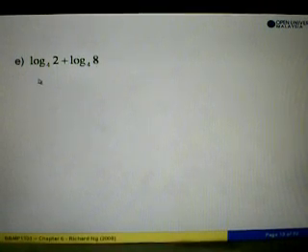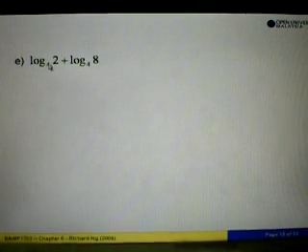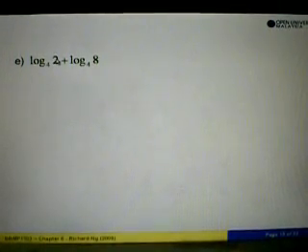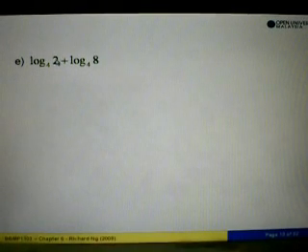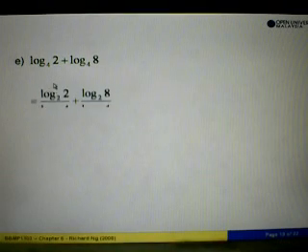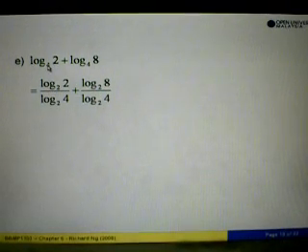In example E, log base 4 of 2 plus log base 4 of 8. What we need to do is change base 4 to base 2, because we cannot change the 2 to base 4. So we can change to base 2 for these two logs. First step is to change to base 2.